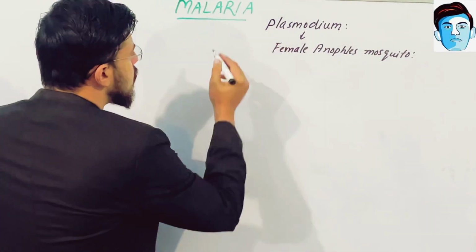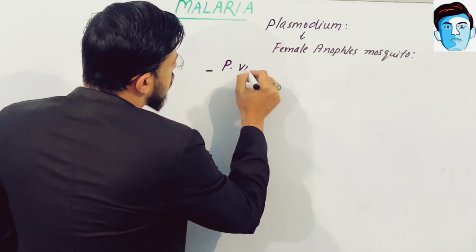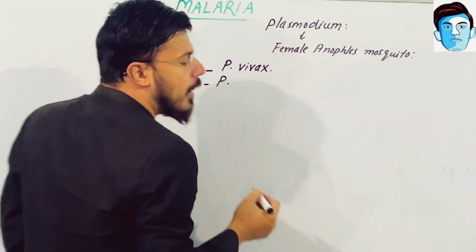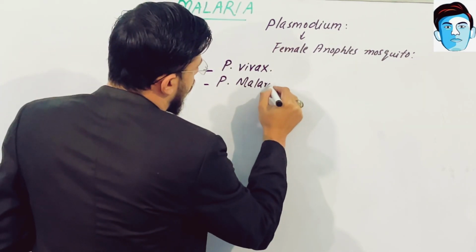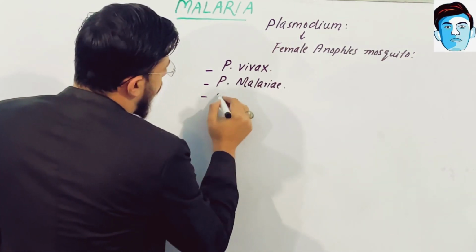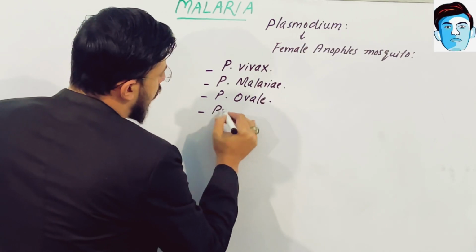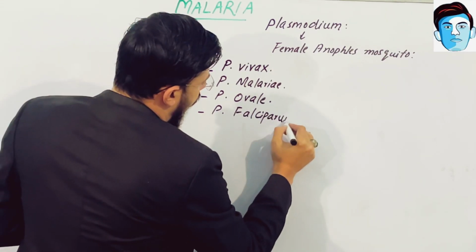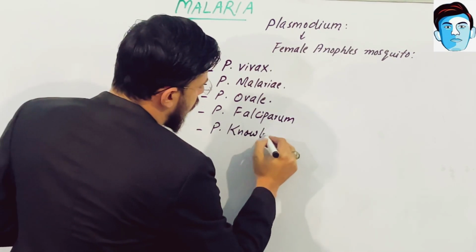The different species of Plasmodium are Plasmodium vivax, Plasmodium malariae, Plasmodium ovale, Plasmodium falciparum, and Plasmodium knowlessi.